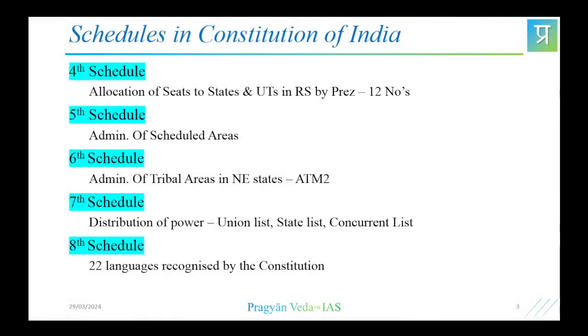Then we have the fourth schedule, which deals with the allocation of seats to states and union territories, especially in the Rajya Sabha, by the president, right? The president nominates around 12 members in the Rajya Sabha who have rendered exceptional service in society, say in terms of art, music, literature, sports, cinema, etc., right?